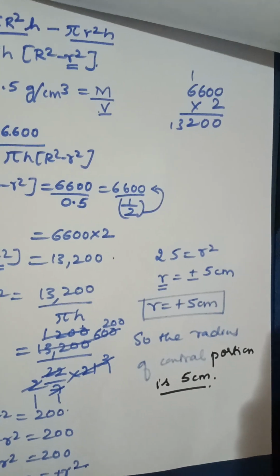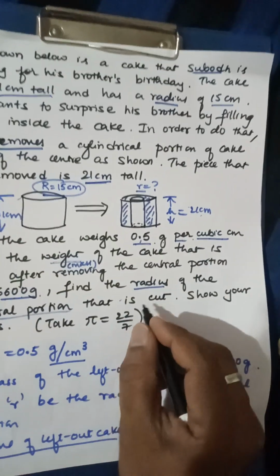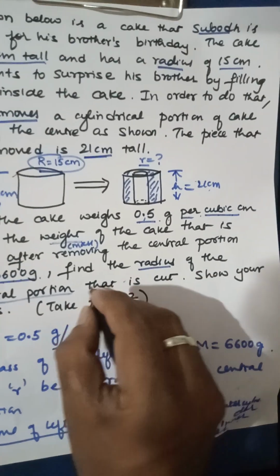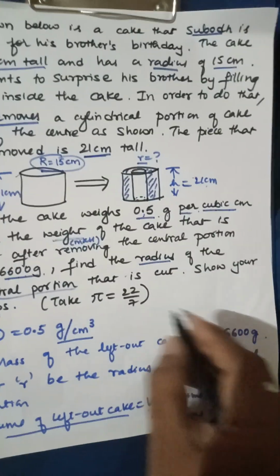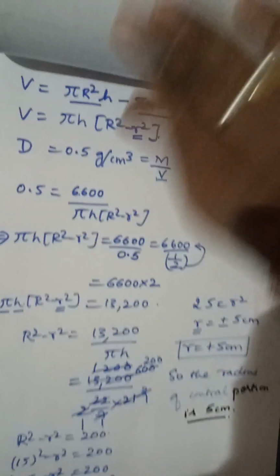So we have completely solved this problem, and we found the radius of the central portion to be 5 centimeter. They had asked us to show the steps. We have shown these steps. These are the necessary steps here.